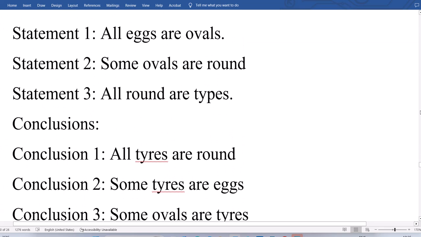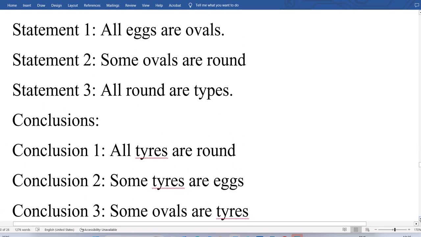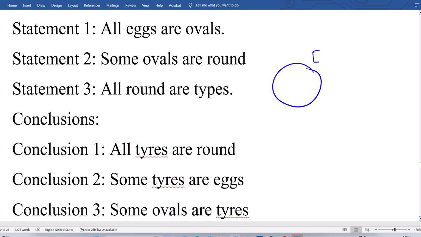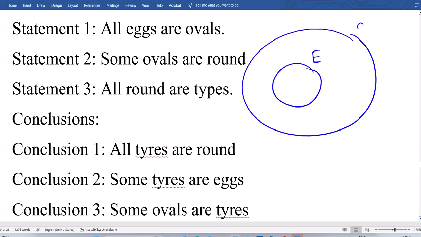Three statements, again three conclusions. With respect to the given statements, which conclusion is definitely true? All X are, so some vowels are round.